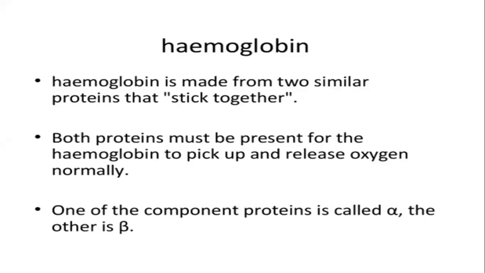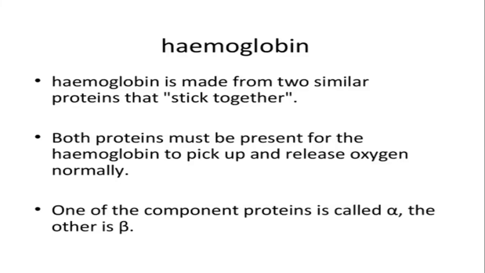When you have these groups of proteins sticking together, forming an aggregate, that is what we call hemoglobin, and we will be seeing how that structure comes into play. Okay, and it is important that these proteins come together, because when these 2 polypeptide chains come together, it enables the hemoglobin to function properly.